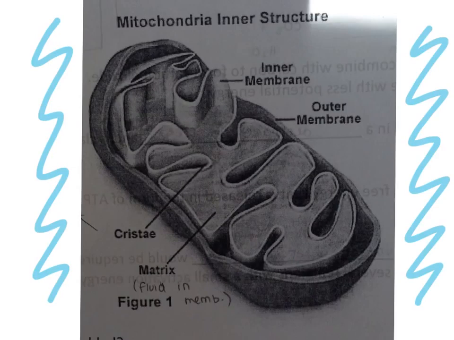After glycolysis, the two pyruvate molecules move from the cytoplasm into the matrix of the mitochondria with the help of a membrane carrier. This is where pyruvate oxidation and Krebs cycle occur.